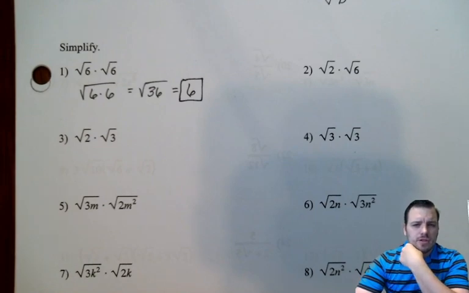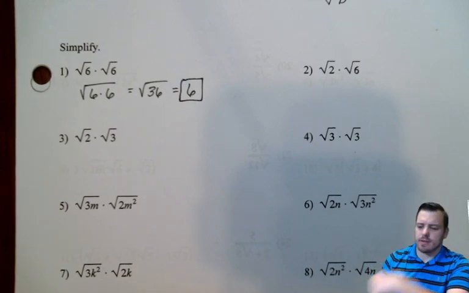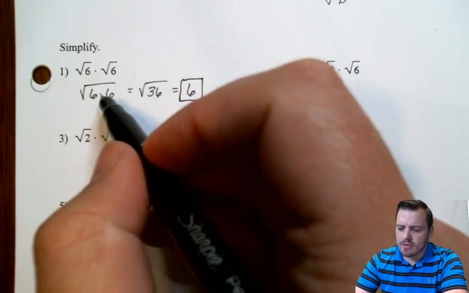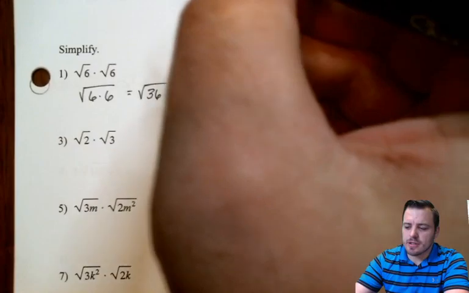Okay, now I'm sure some of you are saying, well, hold on just a second. That looks kind of awful familiar. That looks kind of intriguing right there, Mr. iPop. That whole radical 6 times radical 6 simply gave us 6. So there is a shortcut here.